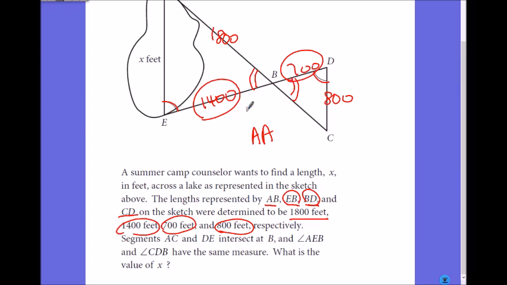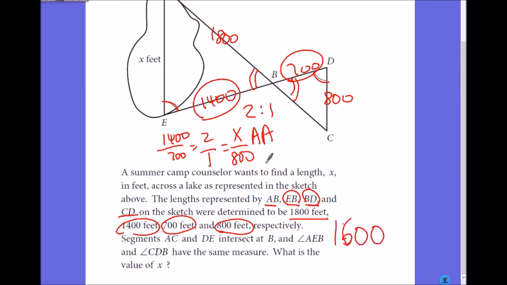So it's 2 to 1, right? 1400 over 700 is 2 over 1. So the ratio is 2 to 1 equals x over 800. So it's double of 800, which is 1600. Or if you're not sure, you can cross multiply to get x equals 2 times 800, which is 1600 feet, but you don't write the units.